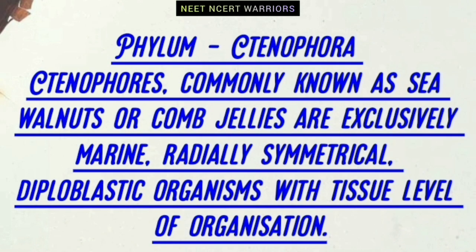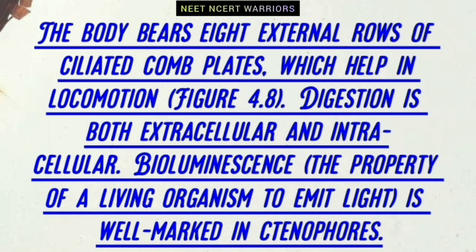Topic: phylum Ctenophora. Ctenophores, commonly known as sea walnuts or comb jellies, are exclusively marine, radially symmetrical, diploblastic organisms with tissue level of organization. The body bears 8 external rows of ciliated comb plates, which help in locomotion, you can see in figure 4.8.